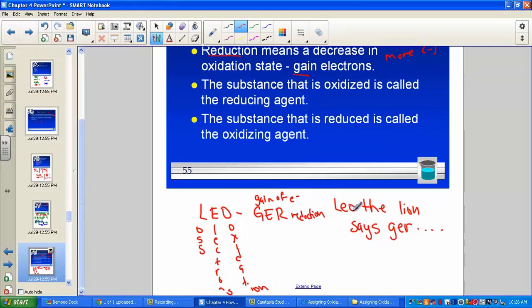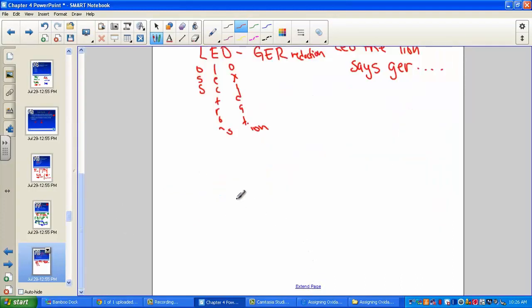Something that is oxidized has increased its oxidation number on the number line by becoming more positive. Something that is reduced has gained electrons and becomes more negative on the number line. Now, just to make this a little bit confusing, and I apologize for doing this, we've got some vocabulary associated with this, and it is confusing at first, but kids will eventually pick it up. We have the term agent.